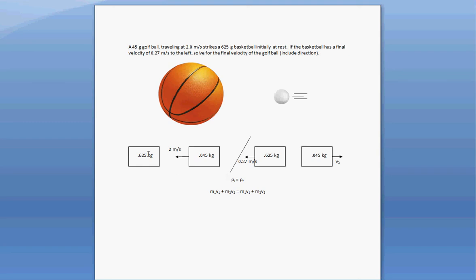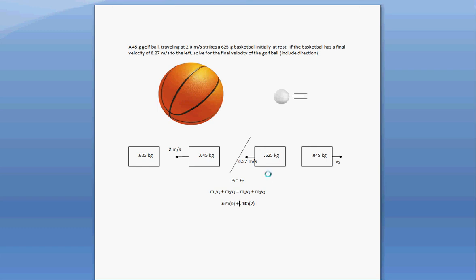The reason we want to put the problem into this format is that now we can take each box and move each box one by one into the appropriate term. So 0.625 times 0 velocity, minus 0.045 times 2.